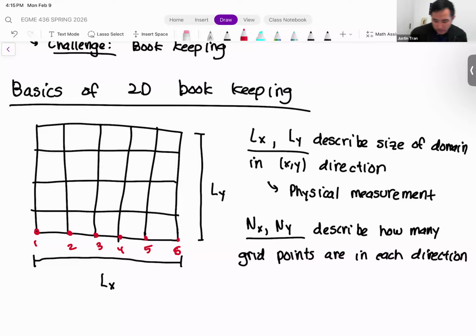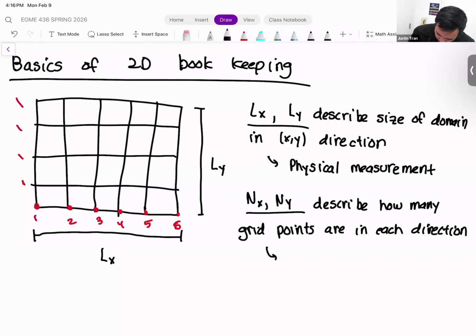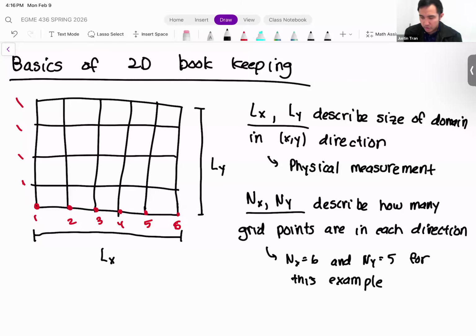And then in the y direction, we have 1, 2, 3, 4, 5. So Nx and Ny can be the same. They don't have to be the same, but that's something to keep in mind.